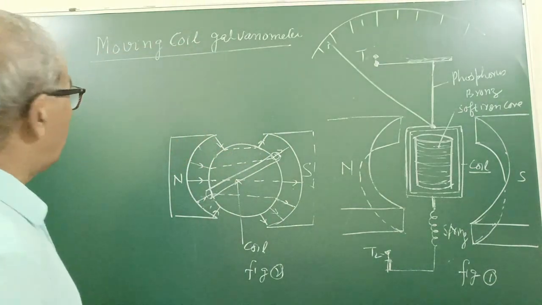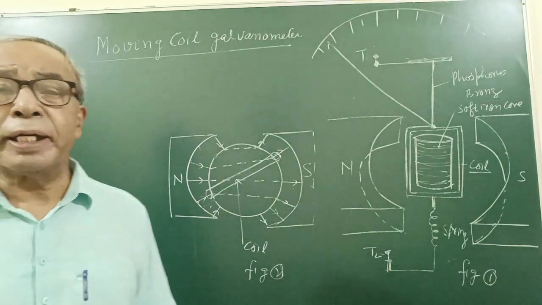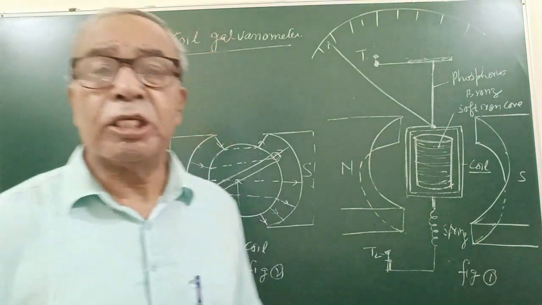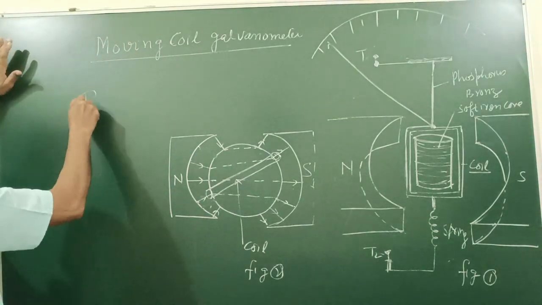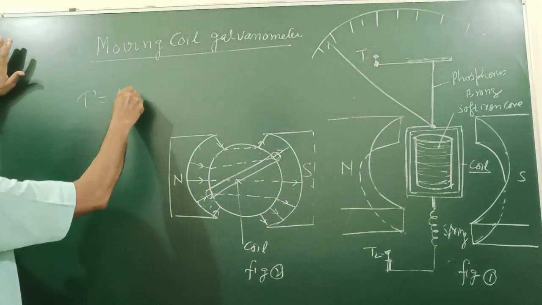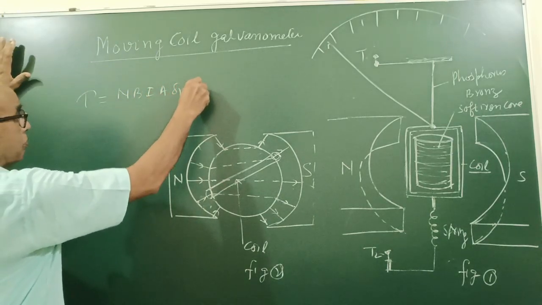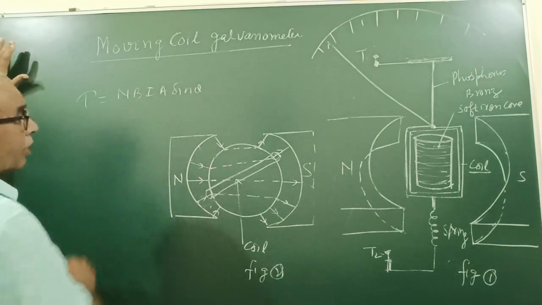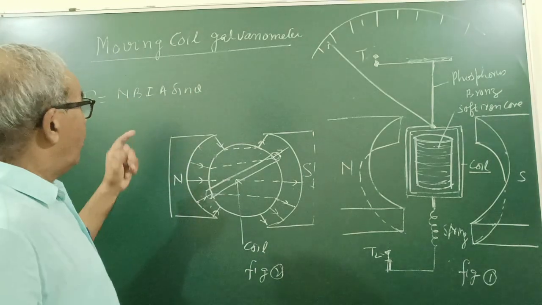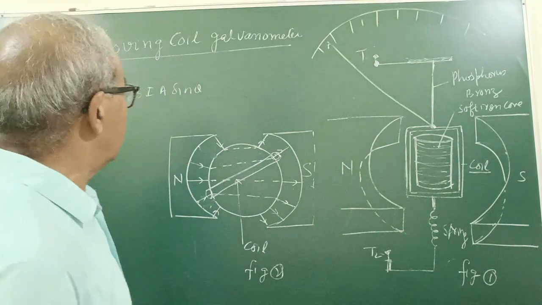Do you know the working principle of the galvanometer? When a current carrying conductor is suspended in a magnetic field, it experiences a torque equal to NBIA sin theta, where N is the number of turns, B the magnetic field, I the current, and theta is the angle between the dipole moment, meaning the normal to the plane, and the magnetic field.